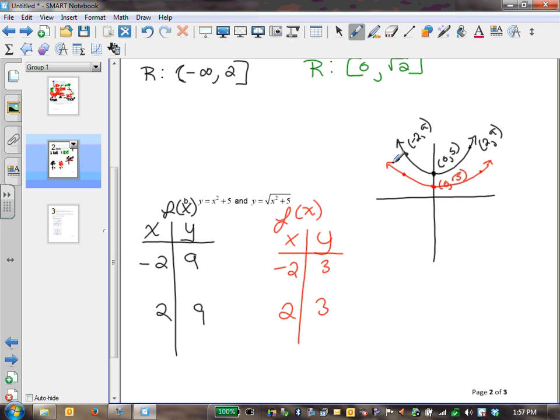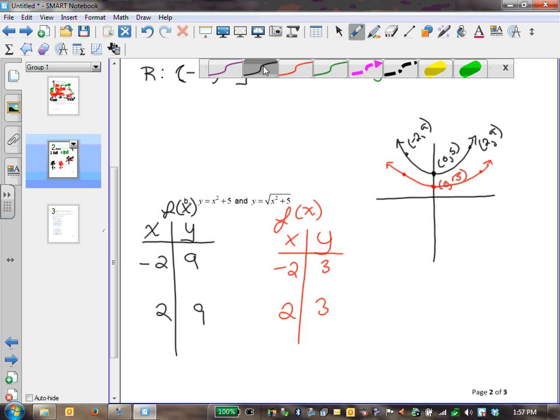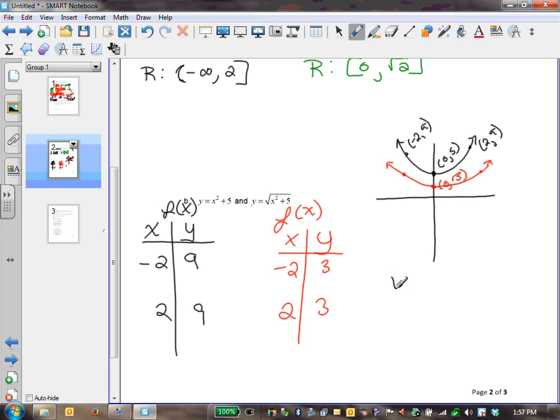Now the domain and range. What's the domain and the range of the original function? Domain is -infinity to +infinity, range is 5 to infinity.